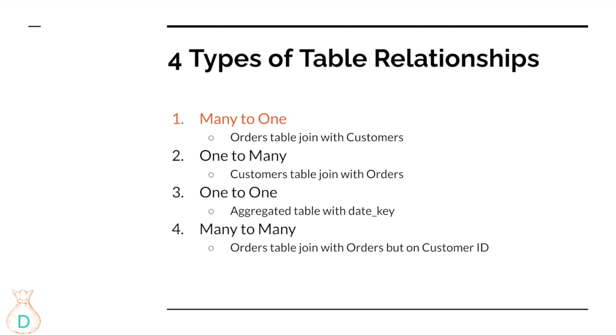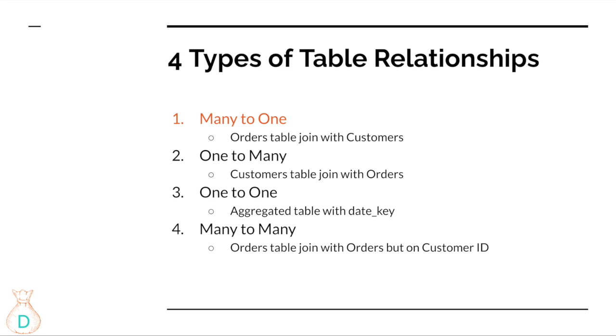Because in the orders table, there are multiple customer IDs, which is why it's many, and to one because the customers table only has one unique customer ID per row. And you usually would do that because you want to see who that customer is that made that specific order. And then you can get maybe a count of orders for that day for that customer.